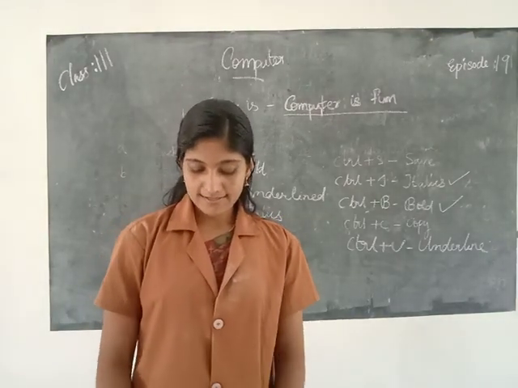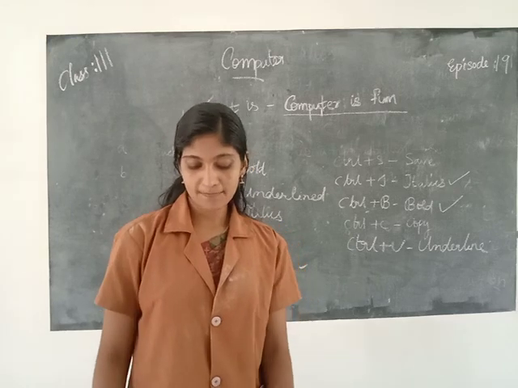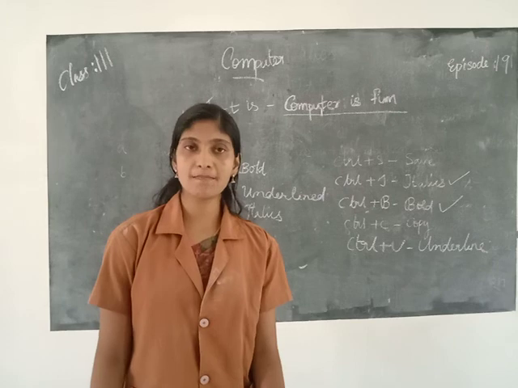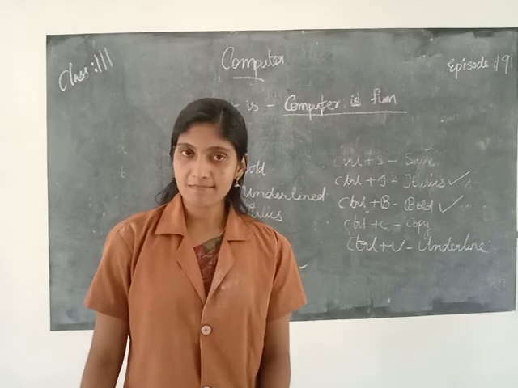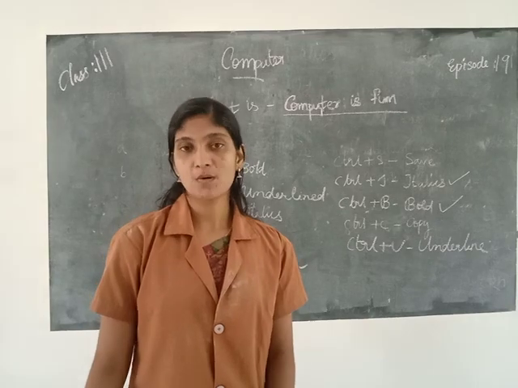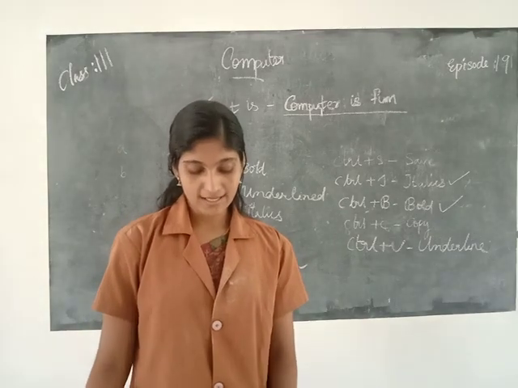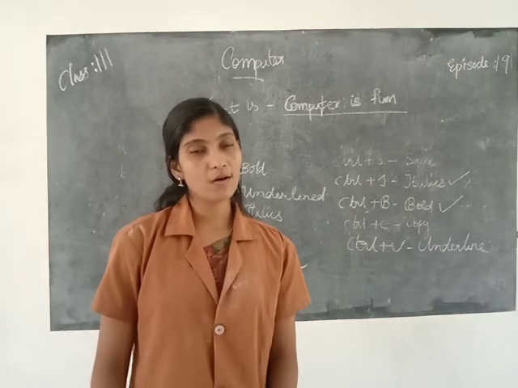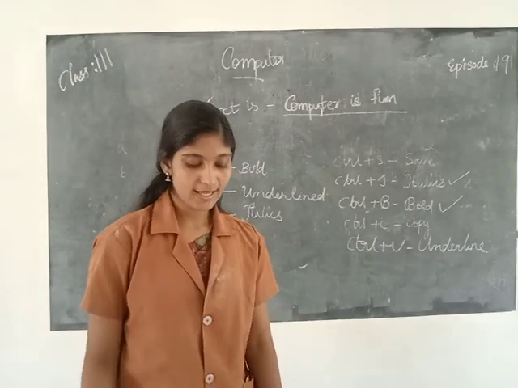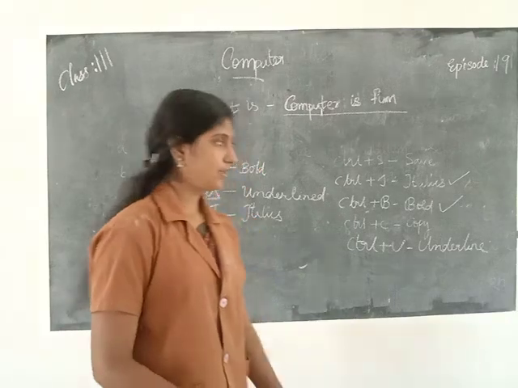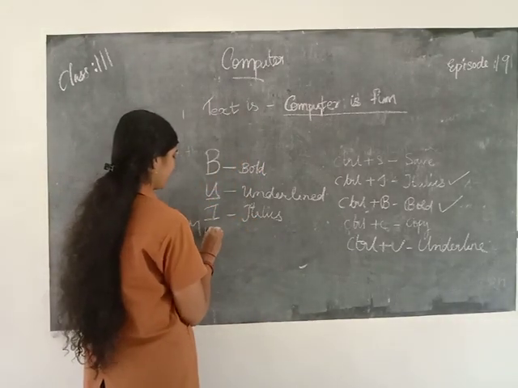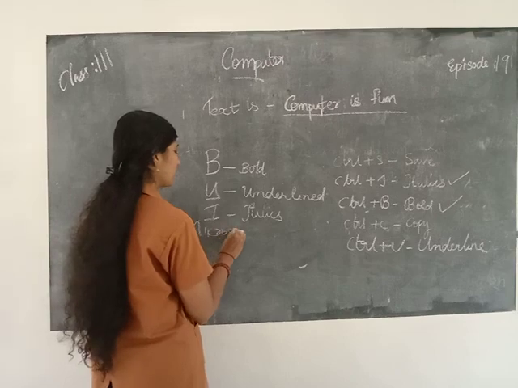Then the dash is the most popular typing program used all over the world. Which is the most popular typing program? That is MS Office Word, the popular typing program used nowadays, and it is also used all over the world for typing purposes. Who developed Microsoft Office Word?